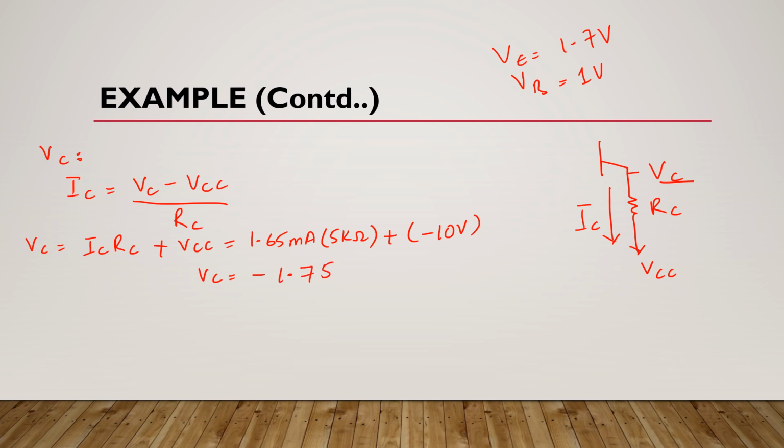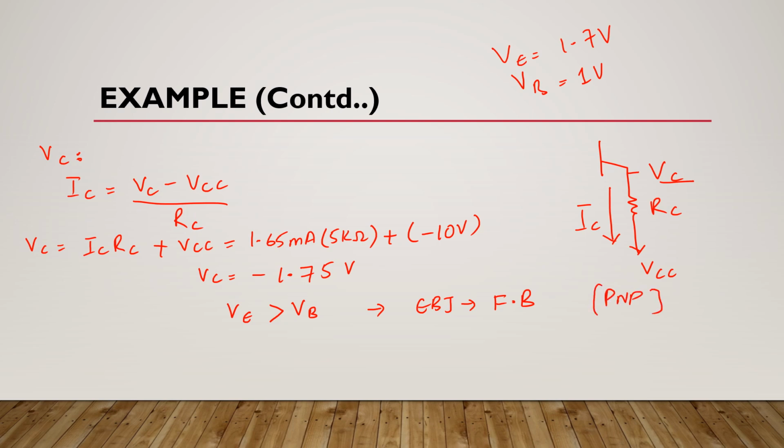Okay, so after solving this you will get VC is equal to minus 1.75 volts. Okay, now as you can see here this VE is greater than VB. It means this emitter base junction is forward biased here, because this transistor is PNP.